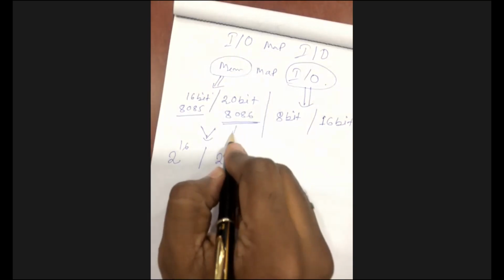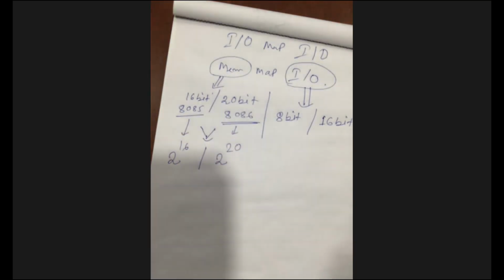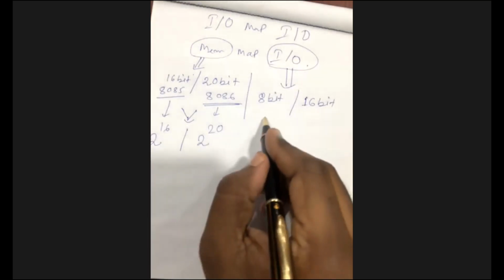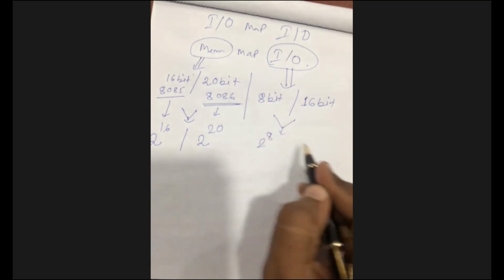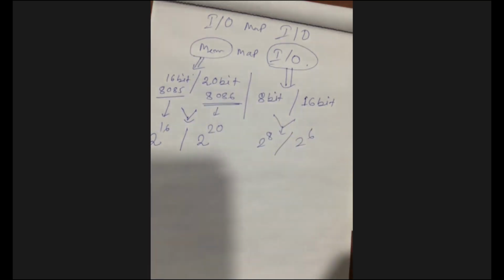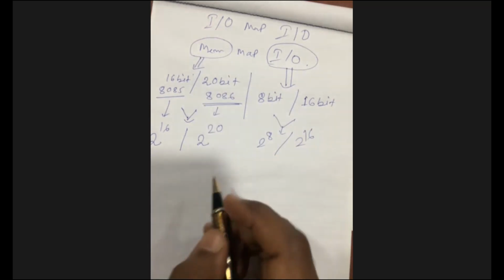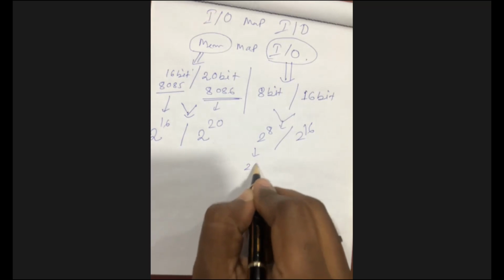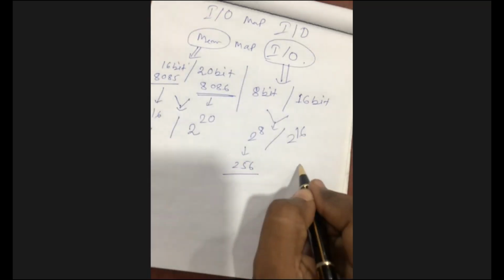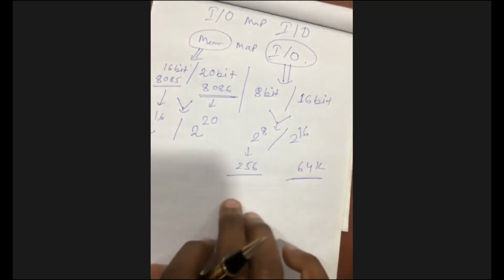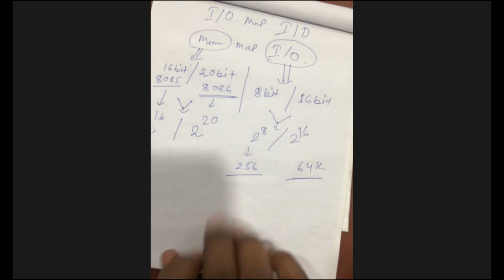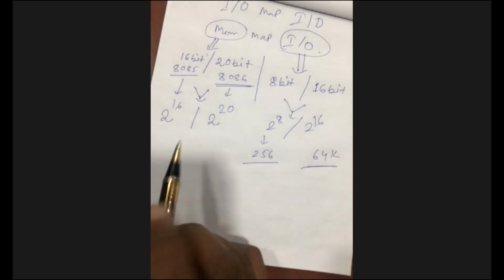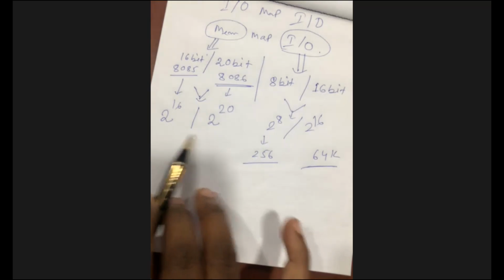But in IO mapped IO, you can connect 2 to the power 8 in 8085, and 2 to the power 16 in 8086 as well, so 256 devices, or 64K devices. Is it clear? What are the advantages and disadvantages? Memory mapped IO means you can connect more devices.